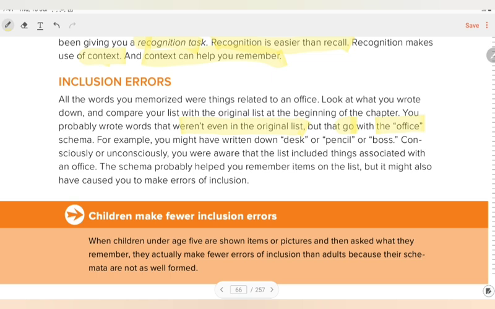For example, you might have written down desk or pencil or boss. Consciously or unconsciously, you were aware that the list included things associated with an office. The schema probably helped you remember items on the list, but it might also have caused you to make errors of inclusion.